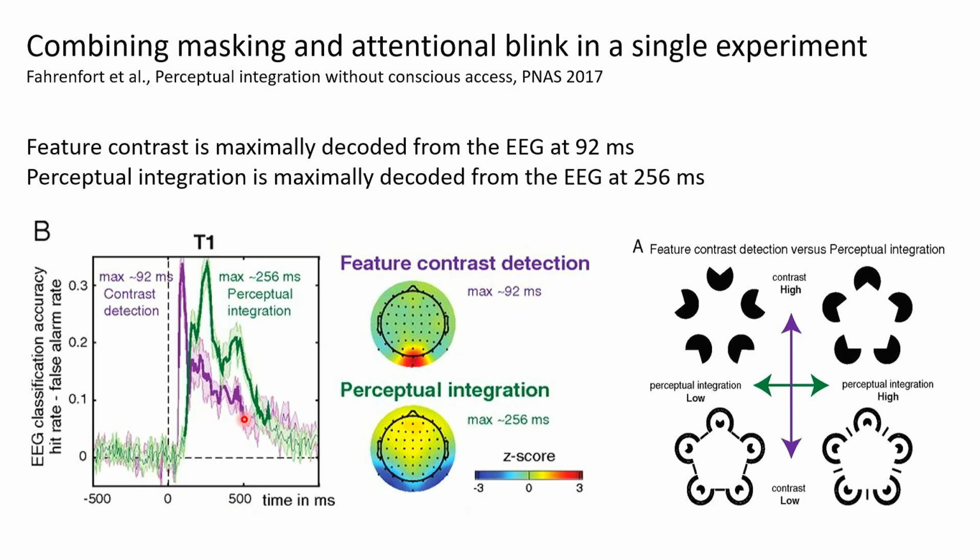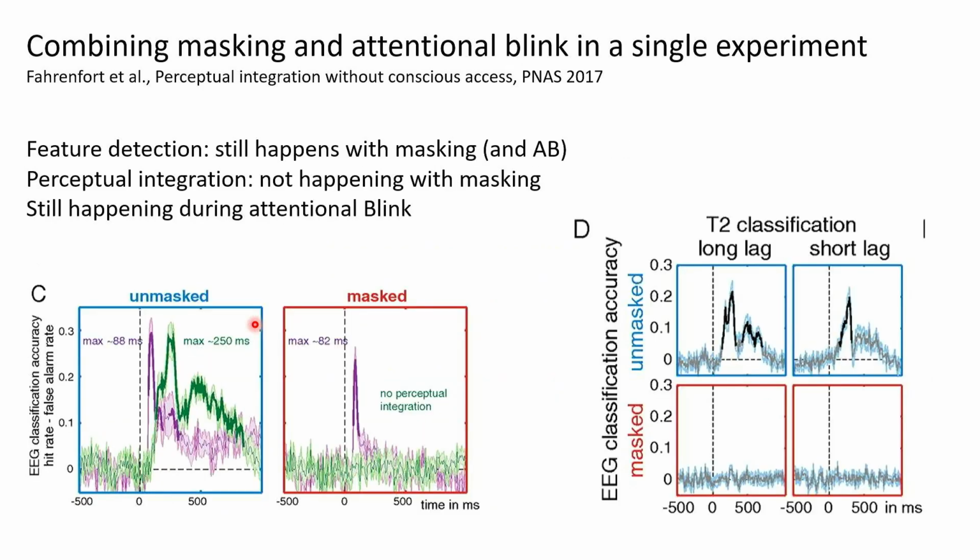Now, of course, the key question is how do these two signals then depend on attentional blink or masking? And that's what you have here. In the case of masking, you still can decode the feed-forward luminance contrast signal, which is now maximized at 82, so sort of in the same range. But there's really no perceptual integration signal to be decoded anymore from the EEG signals.